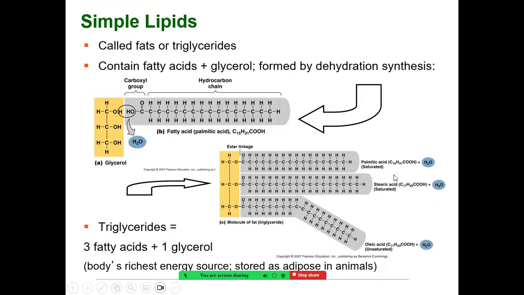Okay, fats shown here, or a triglyceride. A triglyceride is the same thing as what we call a fat, the body's richest energy source. And the body stores fats as adipose in animals. So if you needed a high energy source, let's say your car breaks down in Nome, Alaska, way northern Alaska, in the wintertime, and you've got 20 miles to hike into town and you have food in your car and you can only carry, let's say, 20 pounds.